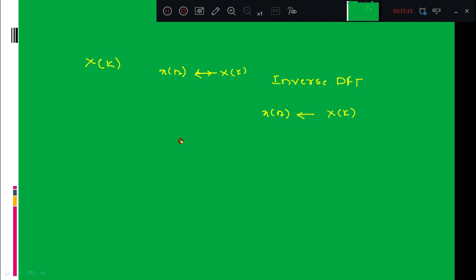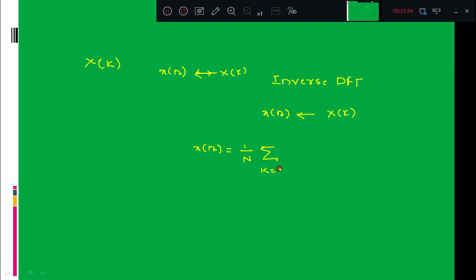And the mathematical equation for this inverse DFT is given by x of n, which is the original sequence, that is 1 divided by N summation, and here the summation index is not n equal to 0 to N minus 1.